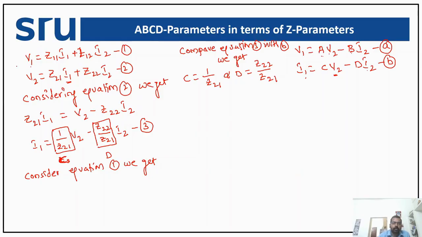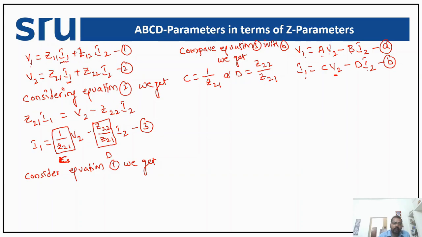In equation 1, we have one voltage and two currents, V1, I1 and I2, whereas in A we have V1, V2, I2. So what is the difference?